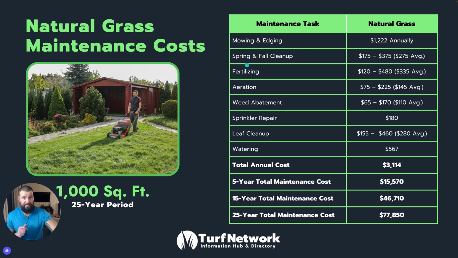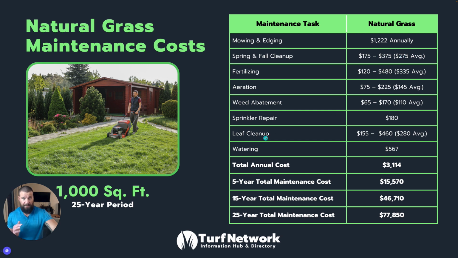So you have mowing and edging, spring and fall cleanup, and for the spring and fall cleanup, fertilizing, aeration, weed abatement, there's a range for each of those. So I just split it right down the middle and just use the middle of those ranges.